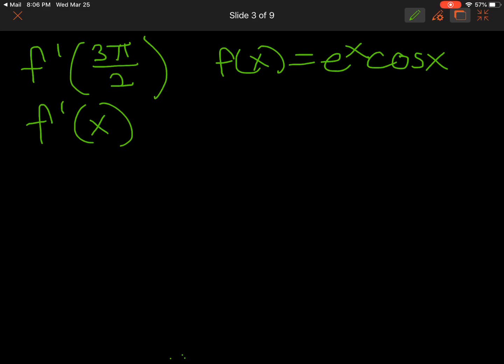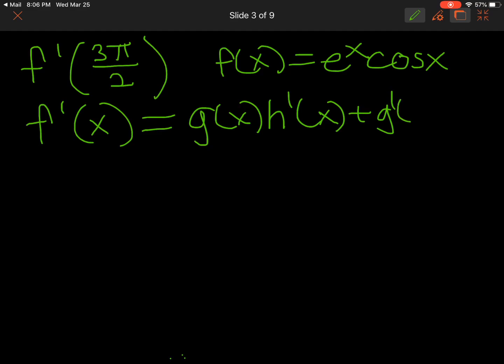Or if you want to list it out, let's say like the first function was g of x and the second function was h of x. The product rule tells us that we're trying to evaluate that. So let's go ahead and do that.